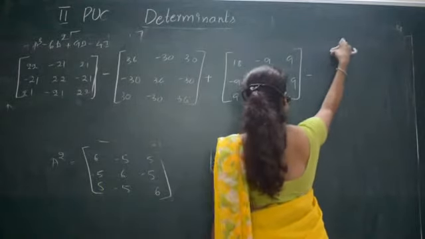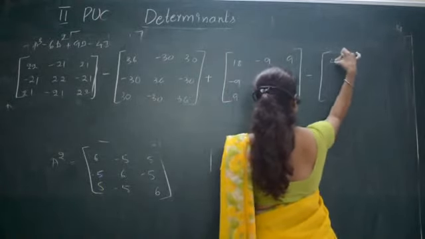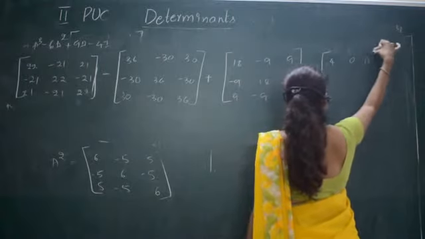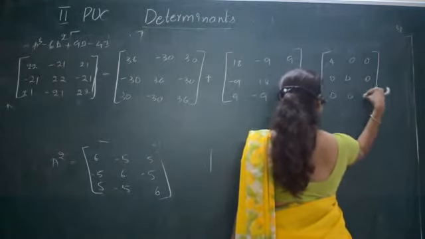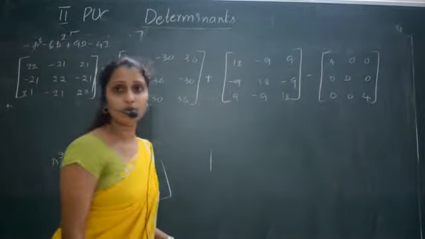Minus 4 into I, 4 into I is 4, 0, 0, 0, 4, 0, 0, 0, 4.